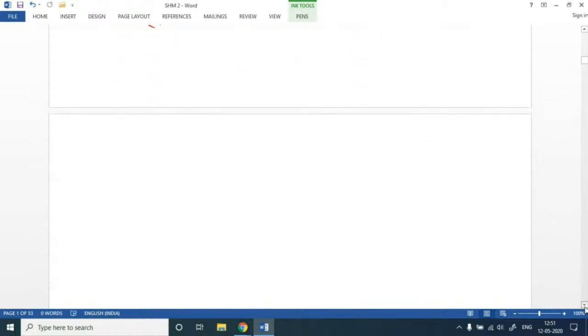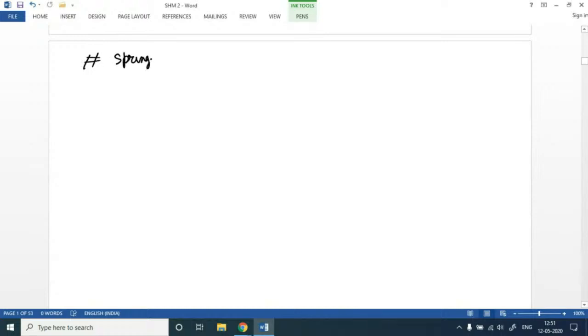Okay, so now let's look at some situations when we will have springs and pulleys in the system. Let's look at a few scenarios. The first scenario is, say we have a rigid support and there is a pulley and there is a spring like this, which is the orientation.